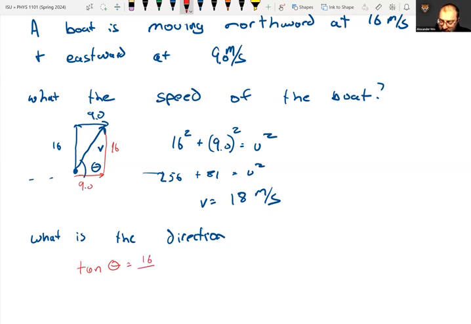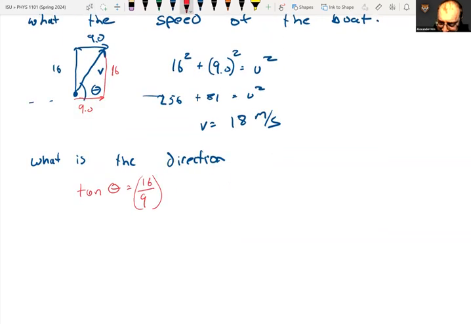So that means 16 over 9. There's not really a decent sig fig rule for this. If you wanted to know the operation to get rid of the tangent, you do the arc tangent. So you take an arctan of both sides and you get theta is equal to arctan of 16 over 9.